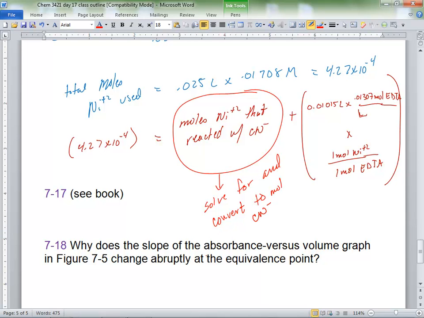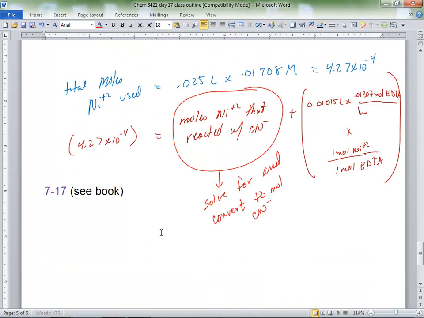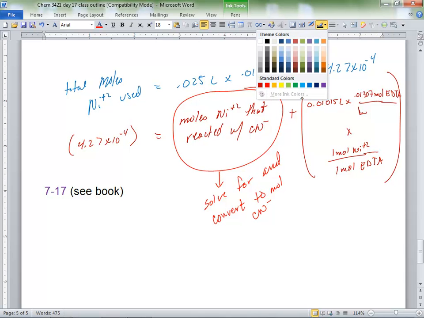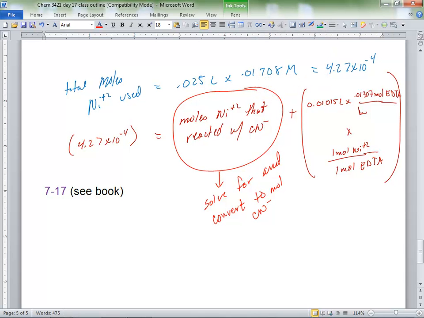Now, let's just run a few minutes late and finish this completely, right? So we'll have 0.01015 times 0.01307.